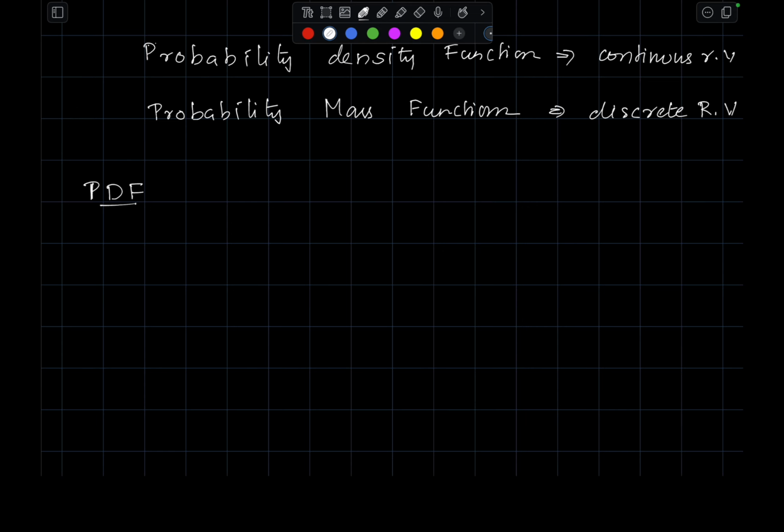So for example, let's say we have a set of random variable. Let's say it's ages.